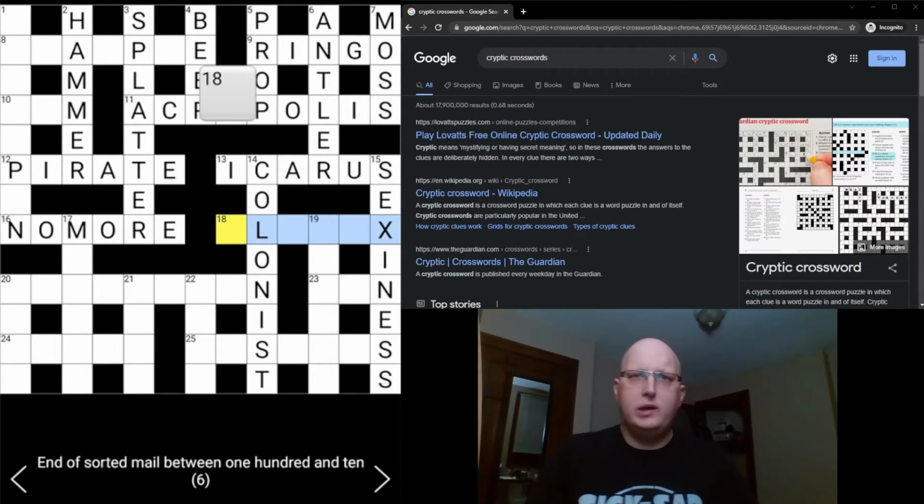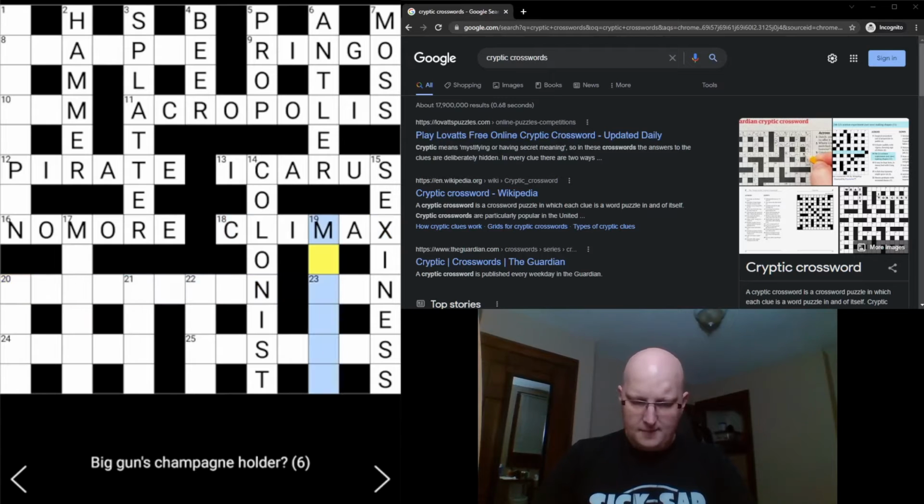Look them up if you ever want to know what year movies were made in. End. So I bet this means end. Sorted male. So we're rearranging the letters from male. There we go. Okay. So we have C at the beginning, and we have the letters of male sorted between C and X. So we get climax, which means end.